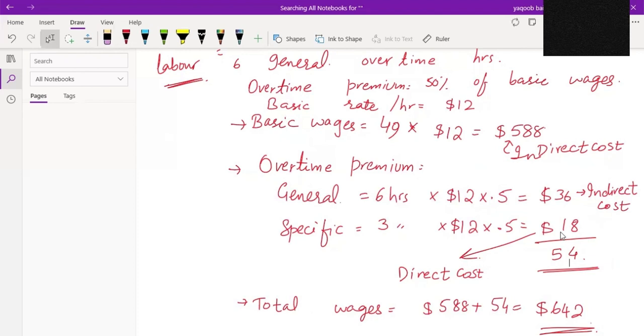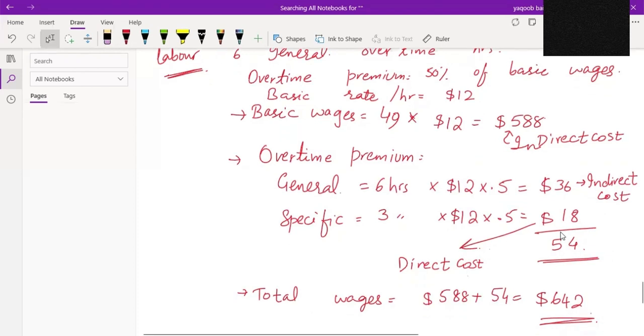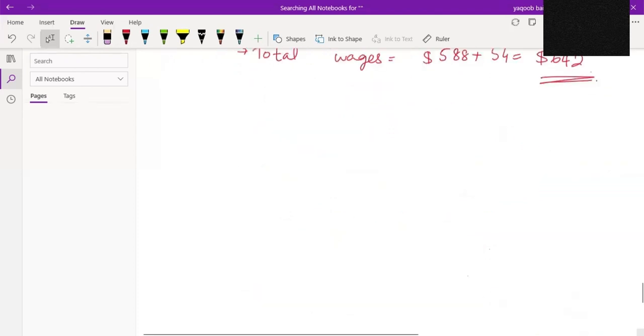So the total wages are 642. But this time, these total wages are the wages of the indirect labor. So this is the difference between direct labor and indirect labor and their treatment in the overtime. Right, everyone? Any question?